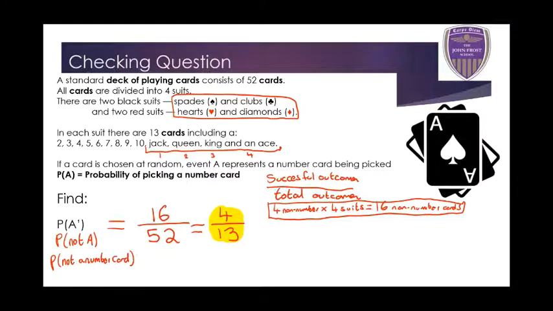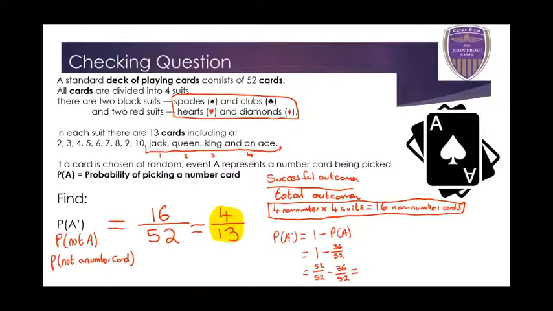Now, some of you might have worked it out in a slightly different way. Some of you might have worked out that the probability of A prime is equal to 1 take away the probability of A, because A and A prime have to add up to 1. So you would need 1 take away 36 over 52, which is the same as 52 over 52 take away 36 over 52.